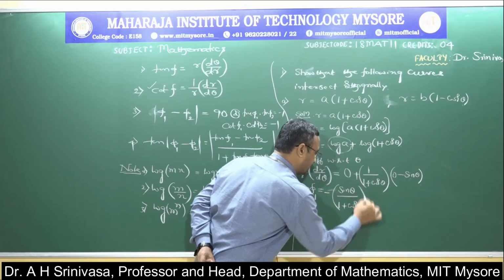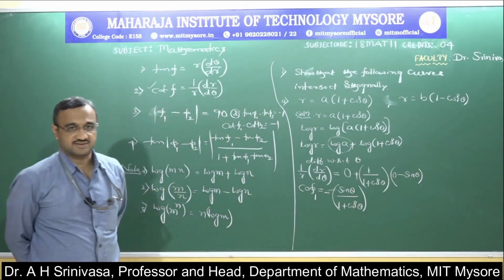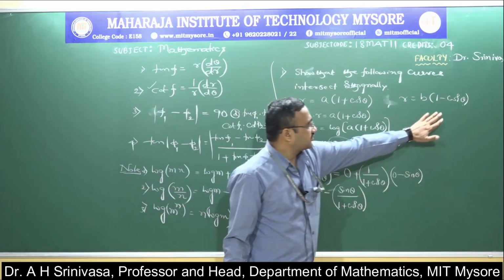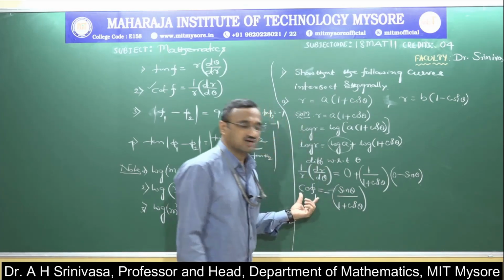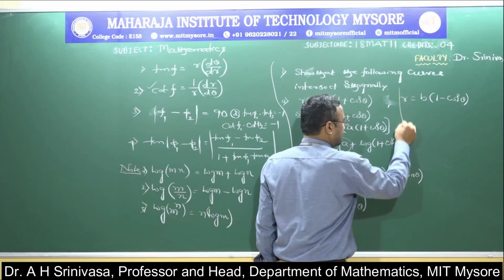So now we are getting cot phi 1 equal to minus of sin theta divided by 1 plus cos theta. We adopt the same procedure for the other curve also, to extract the other value, cot phi 2. Now I am going to evaluate the other function.